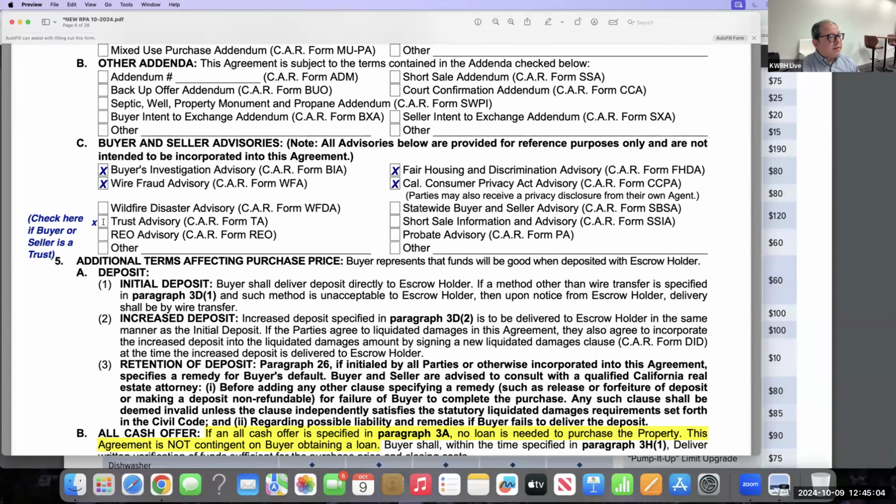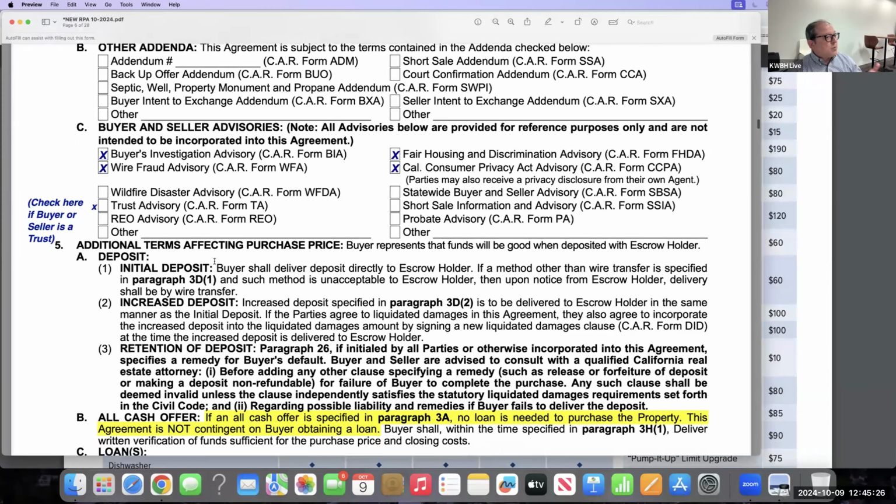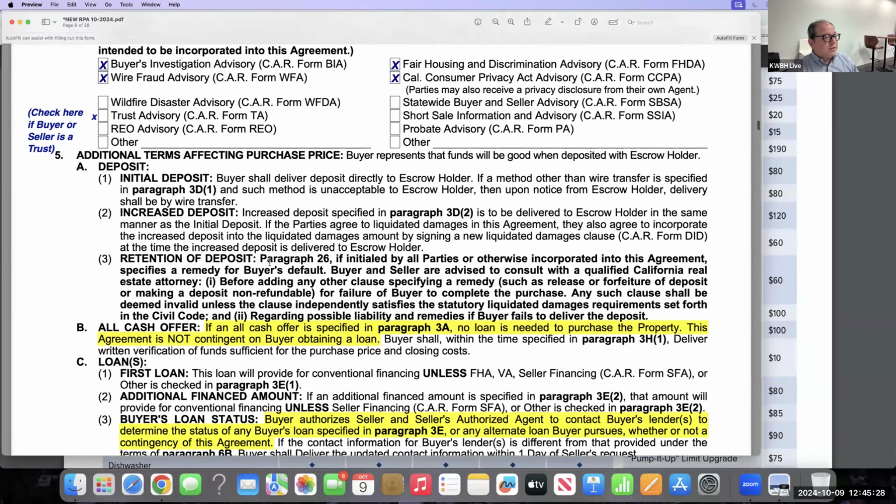If the property is in a trust, or if your buyer is buying from a trust, you'll check this box for the trust advisory. Some brokerages like to include a statewide buyer and seller advisory. You can include it. If it's an REO, you'll check this. Probate, check this. So again, it's going to be particular to your particular purchase.